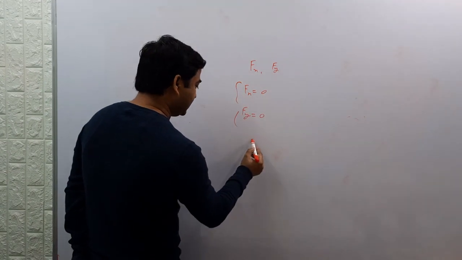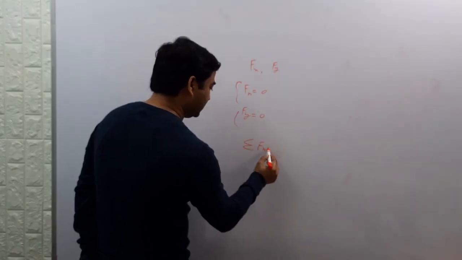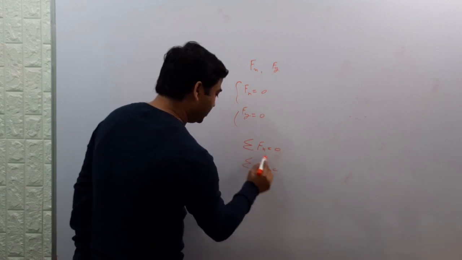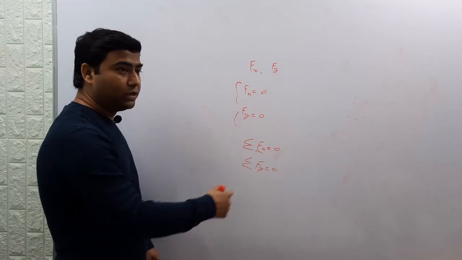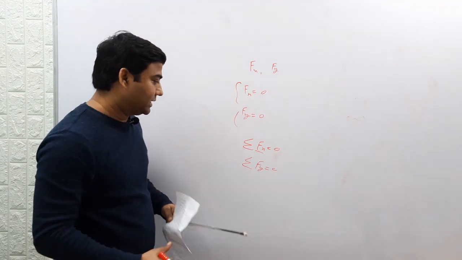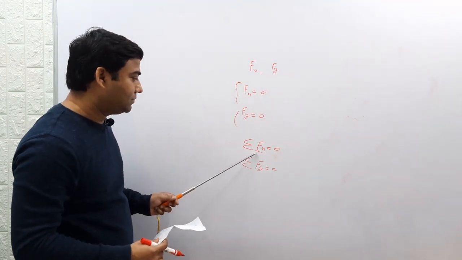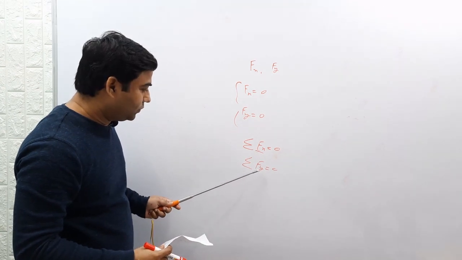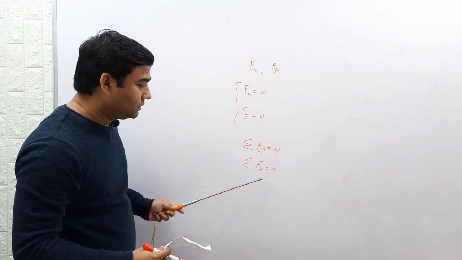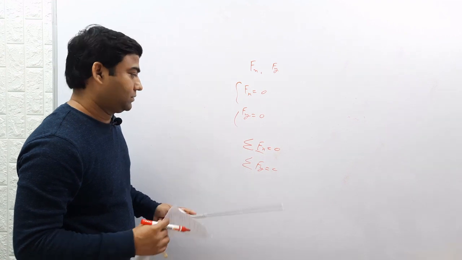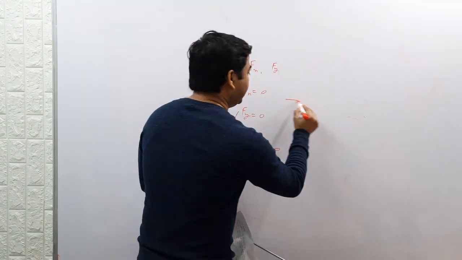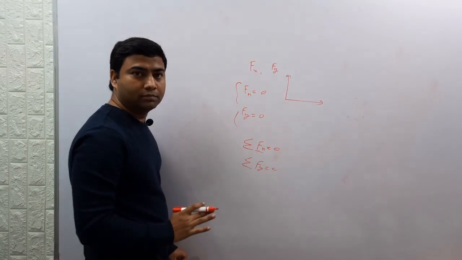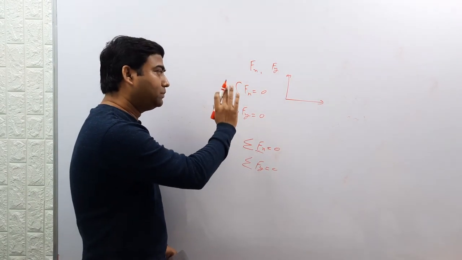We write it as sigma Fx is equal to 0, sigma Fy is equal to 0. Sigma Fx is the addition of the x components of all forces, and sigma Fy is the addition of all components in the y direction.